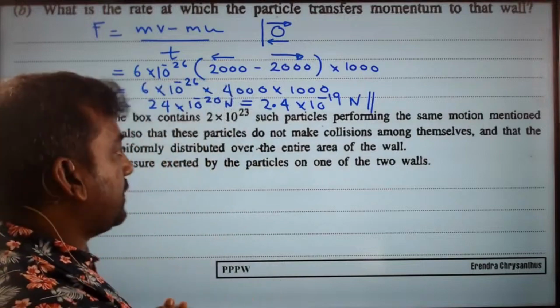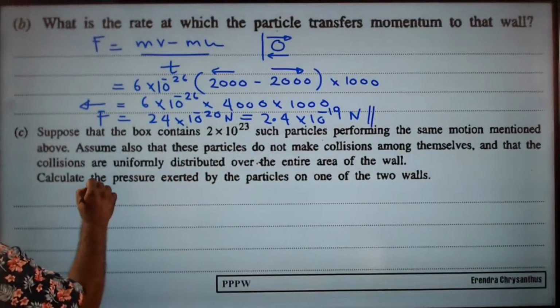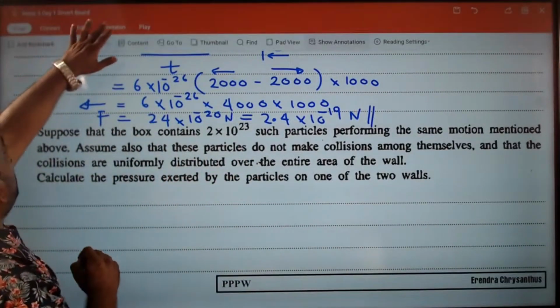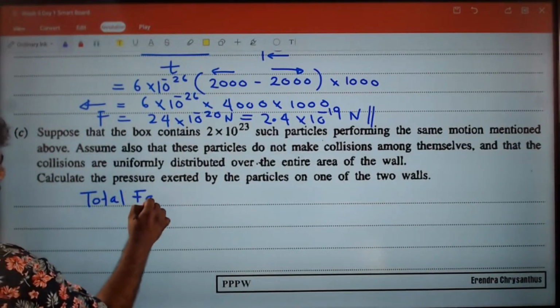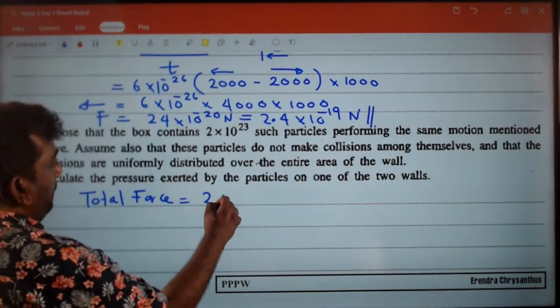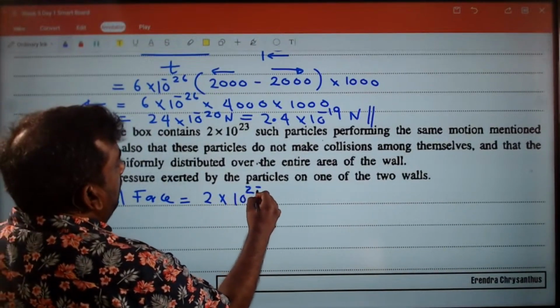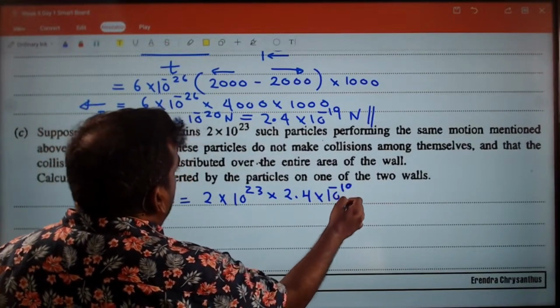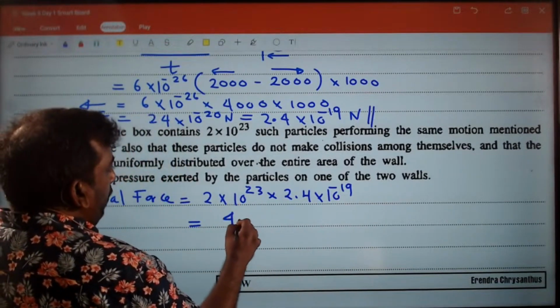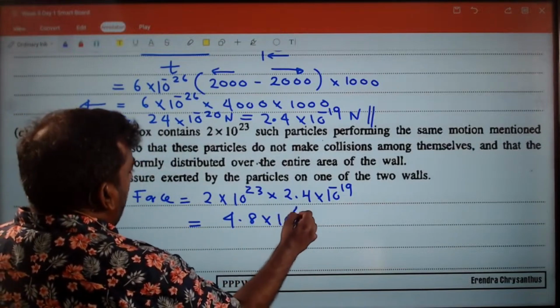Right. So now let's find the total force. Total force will be, one particle we know 2.4 × 10^-19, so many particles, so 4.8 × 10^4 newtons.